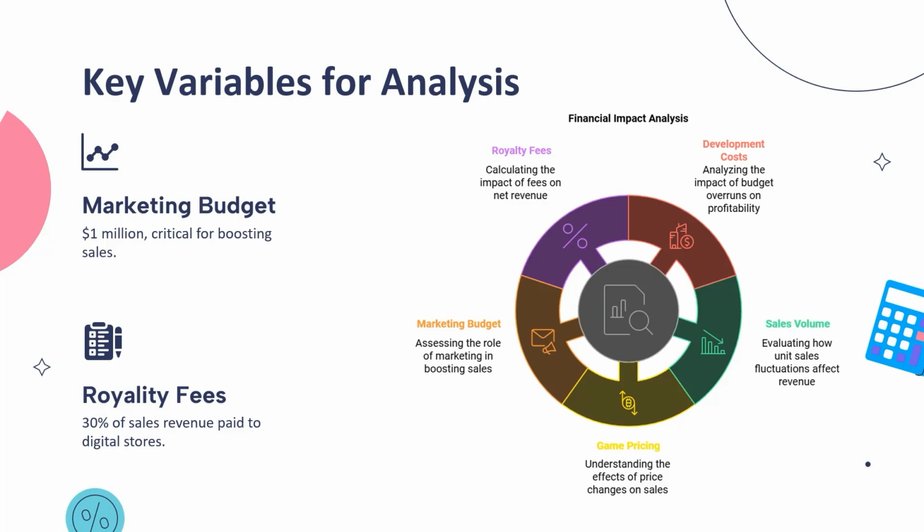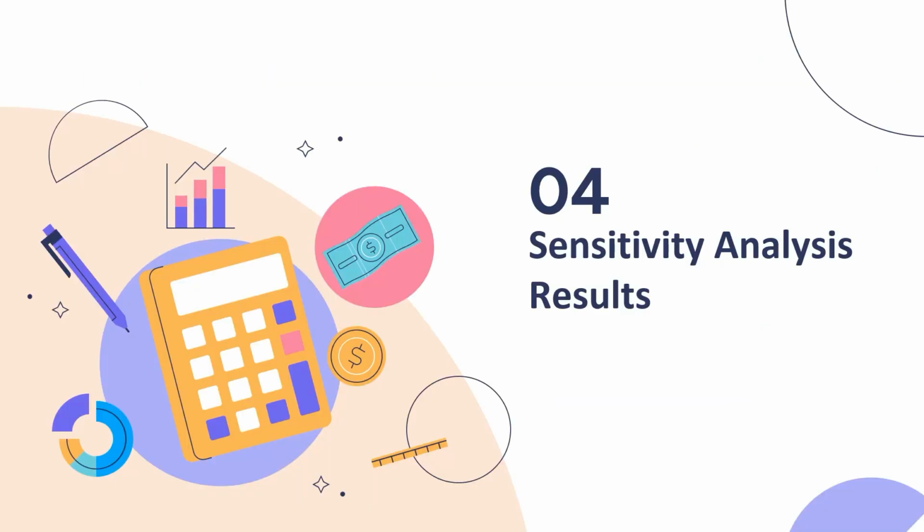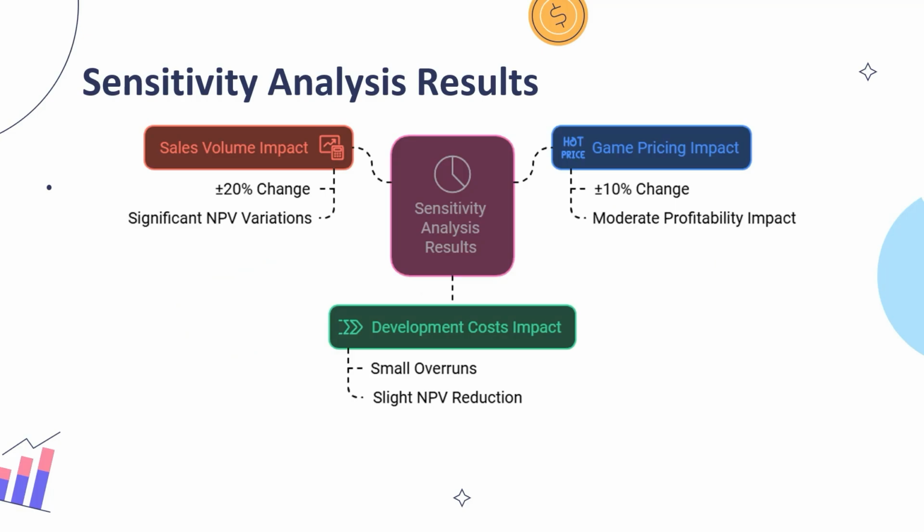All right, so now our next topic is sensitivity analysis results. After all that we've talked about, this is our sensitivity results. Our sales volume impact might be 20% above or below. This could really impact our sales if we don't sell at this price point.